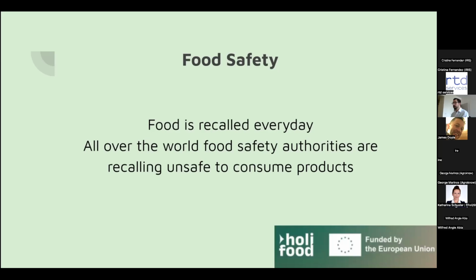The food safety authorities recall unsafe to consume products, and our mission is to try to monitor them. So we have specific sources that we try to monitor and collect data from, and we are trying month by month to enhance those sources around the world.